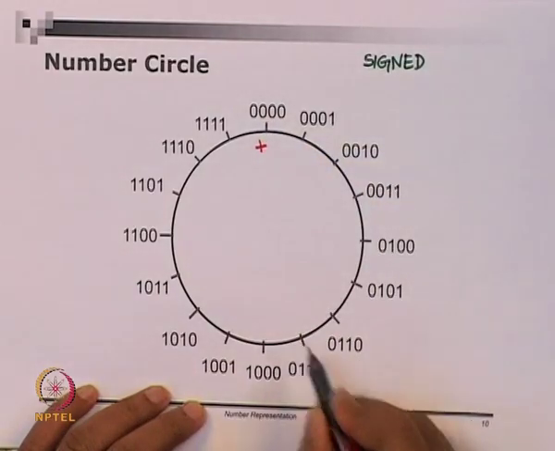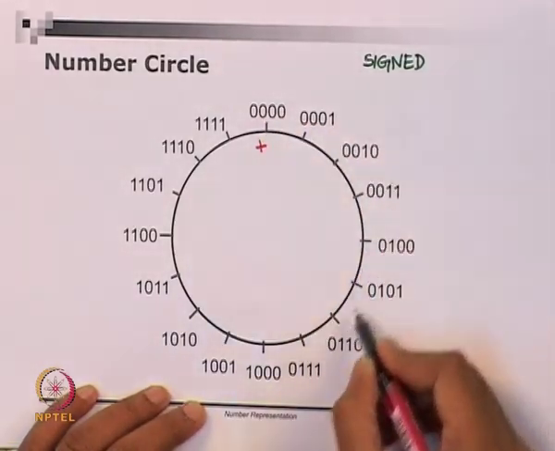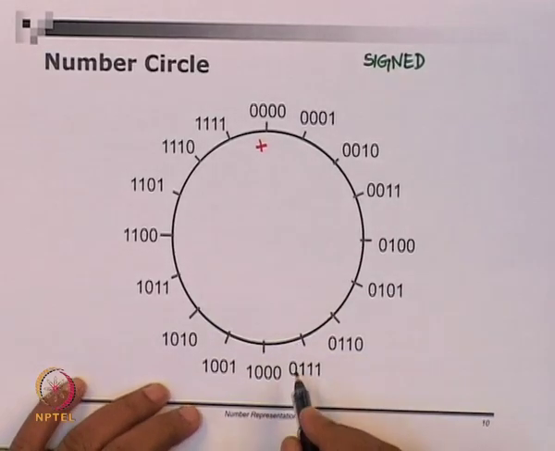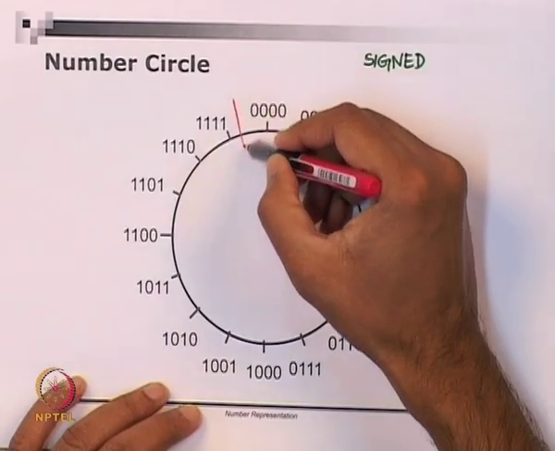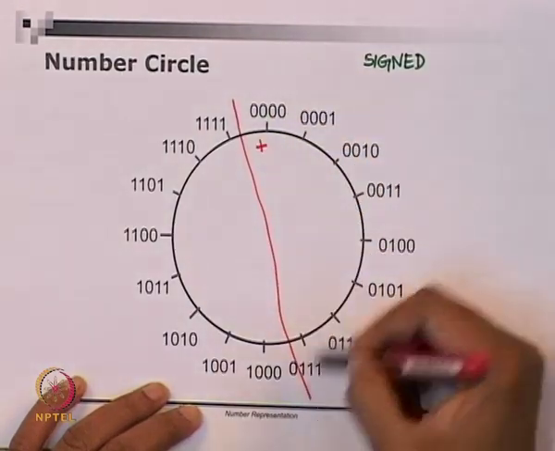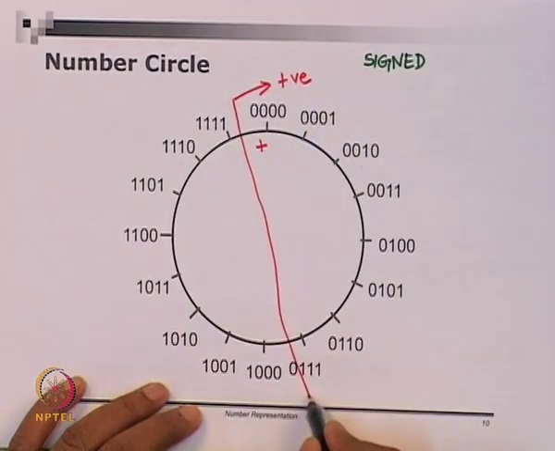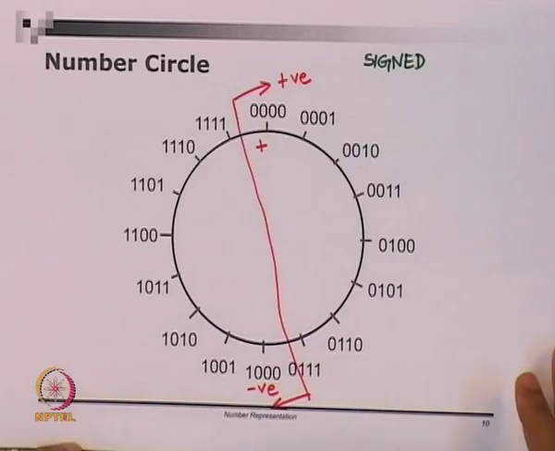Similarly, if you go from here all the way up till here, the first bit is a 0, which essentially means this half is all positive numbers and this side is negative numbers, all right.